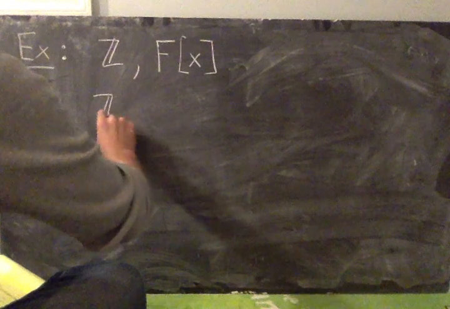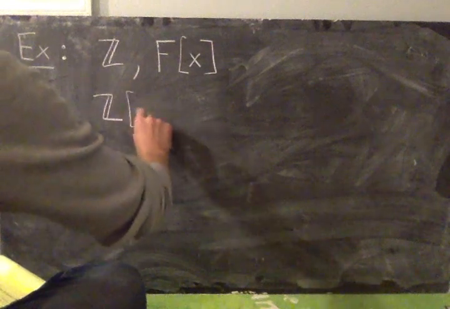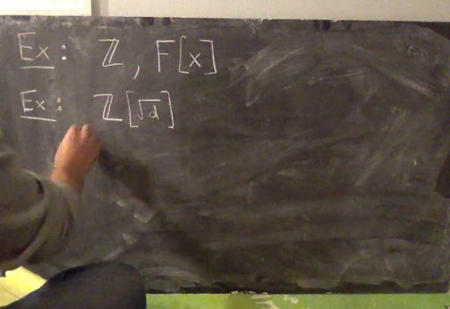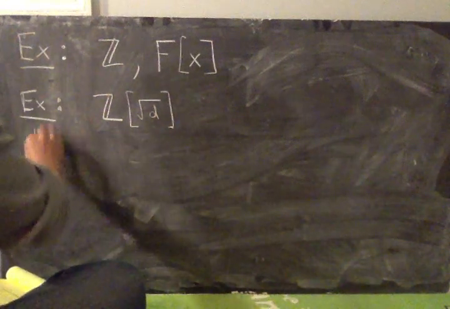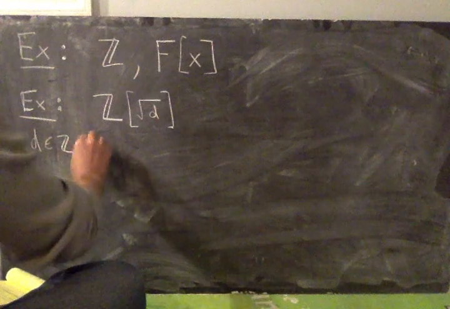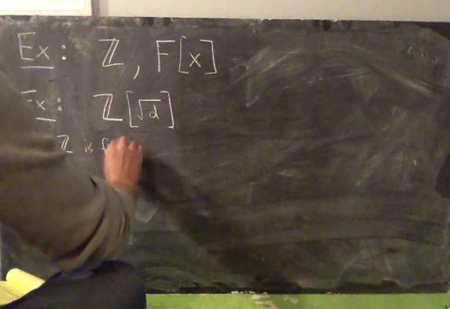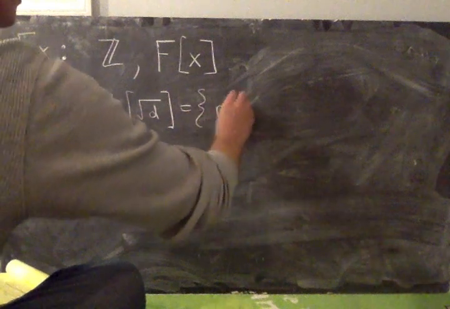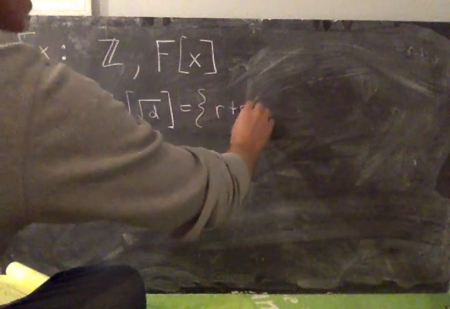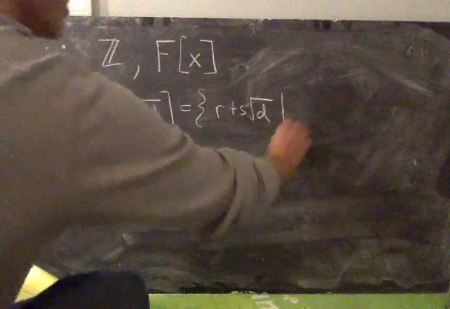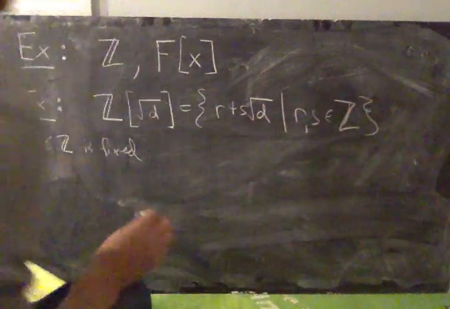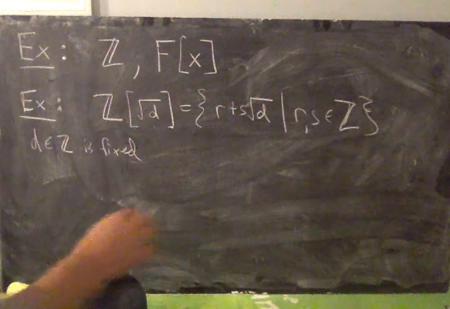You can take the integers and in some sense attach a square root of another integer. Here d is going to be a fixed integer in Z. And this is going to be the set of r plus s times the square root of d, where r and s are themselves integers.